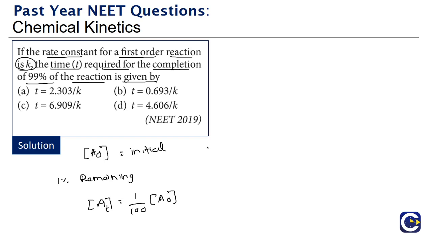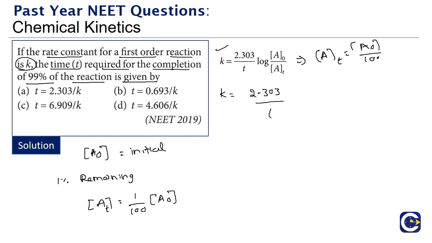Now if you look at the first order rate expression, K will be equal to 2.303 by T log of A0 by A at the time T. Now A at the time T will be equal to A0 by 100, and on substituting it, K will be equal to 2.303 by T into log of A0 by A0 by 100.